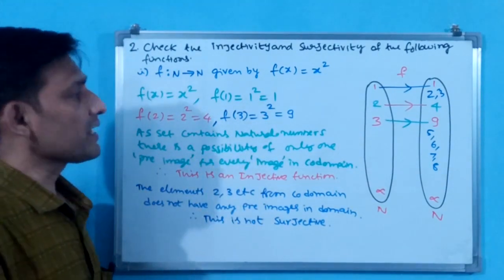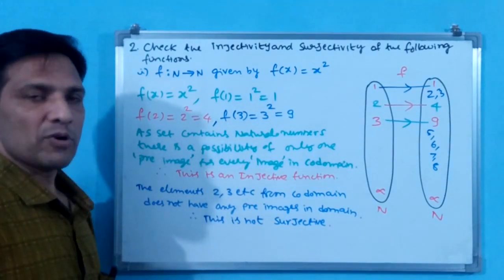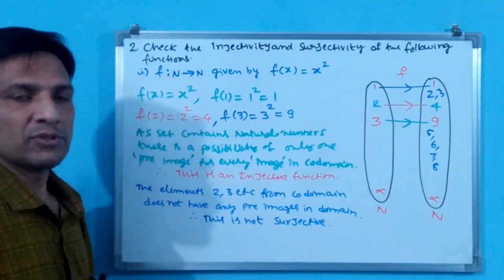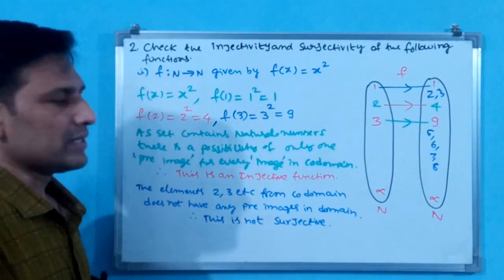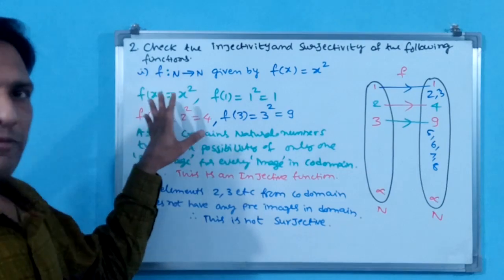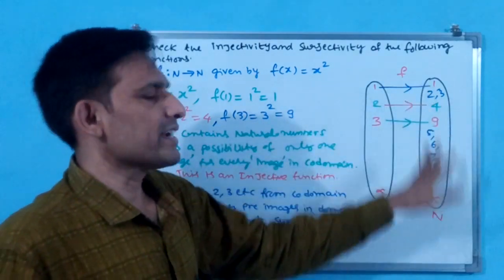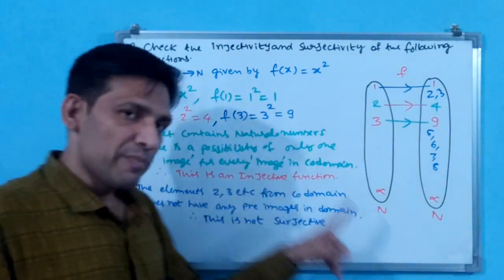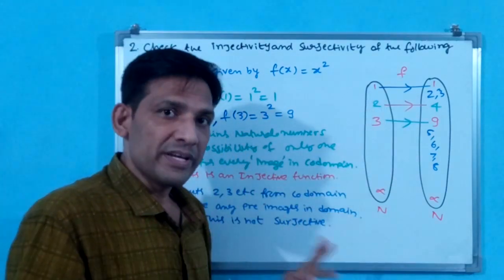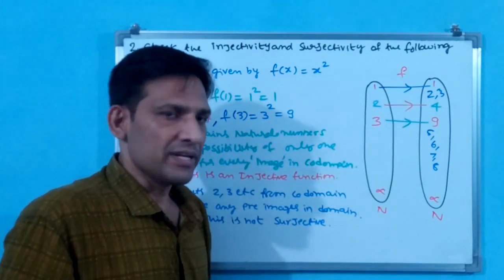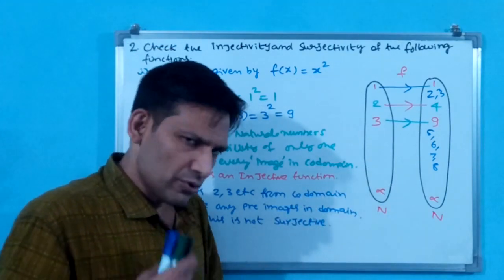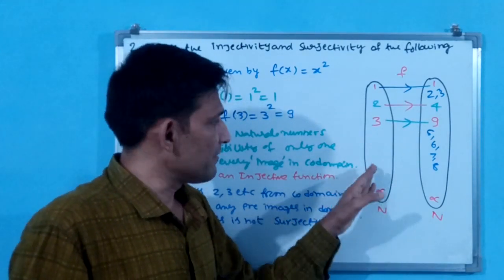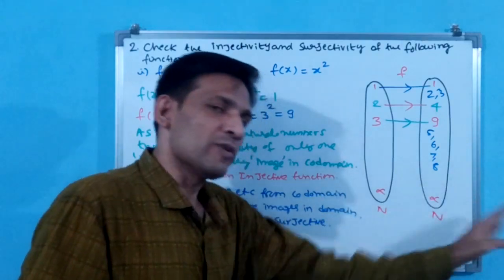Okay, you understand the concept. Why? Because you have to understand the concept, or else you are not able to answer the questions properly. See, before making a function also, these sets contain all natural numbers on both sides. But for becoming a function, the domain should not be empty or leave any element; every element from this domain should have a relation.